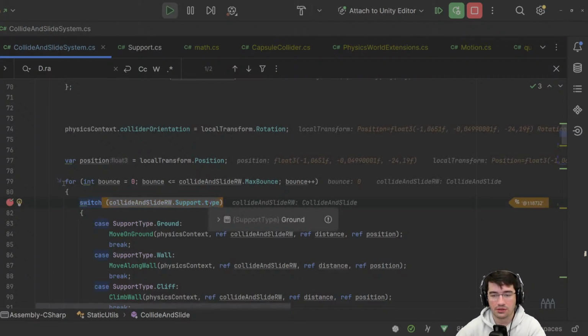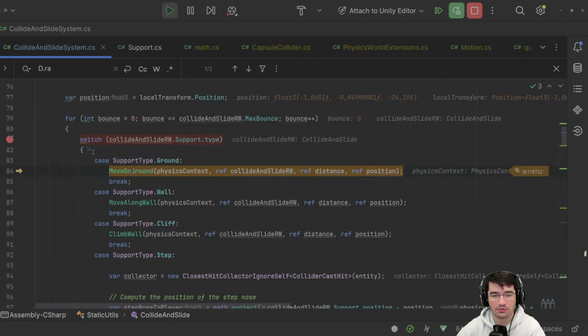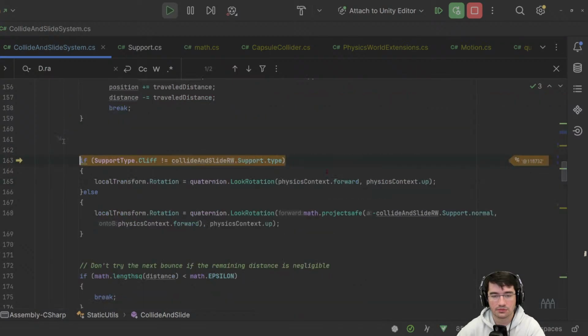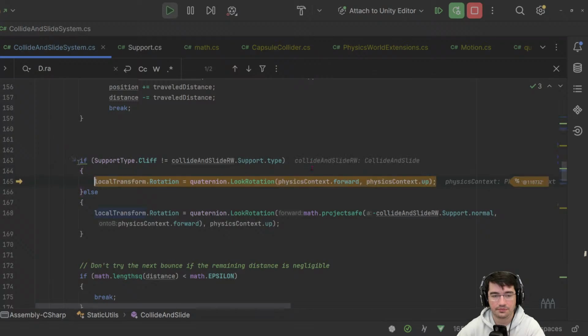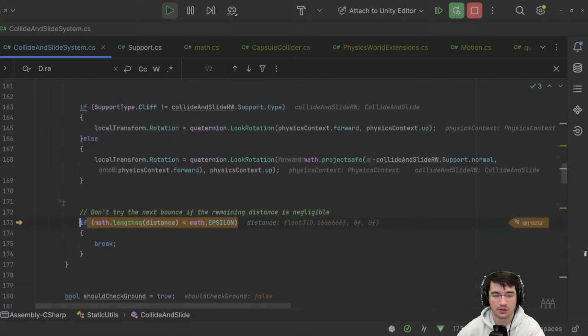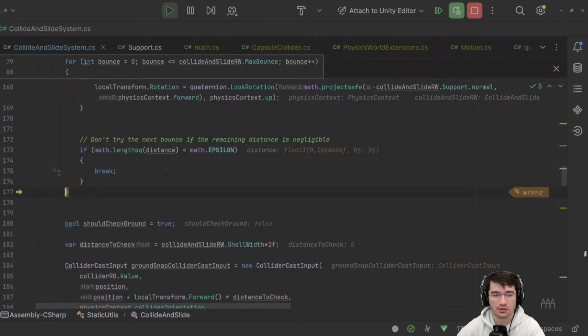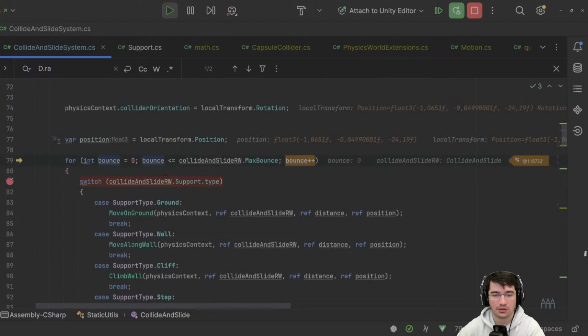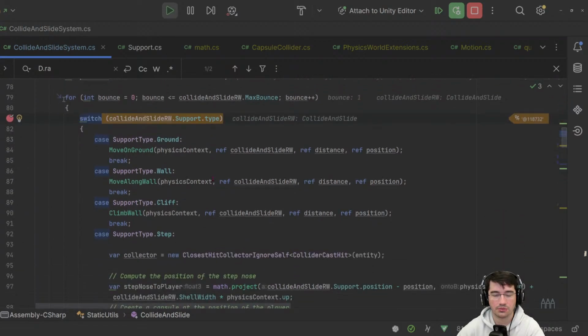Okay, so currently I'm on the ground, so I move along the ground. Did I move? Okay, so that's my reorientation. Okay, and now I'm with a wall.